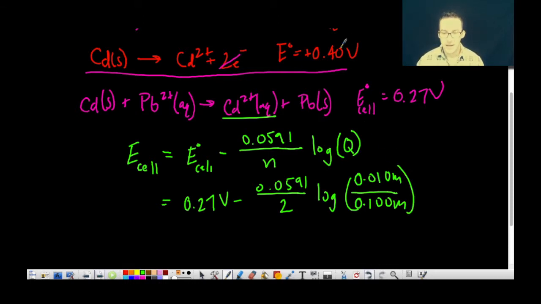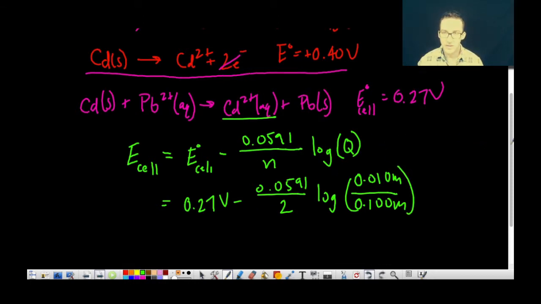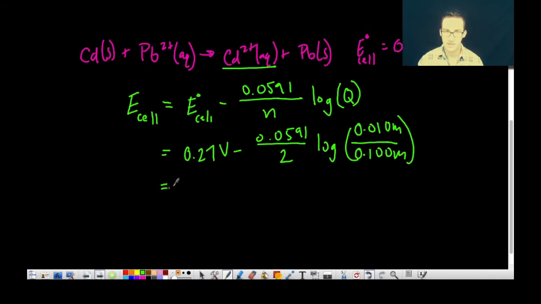And so if we solve this, we are going to get 0.27 volts minus, let's just divide this, we get 0.0295 log of 0.10.